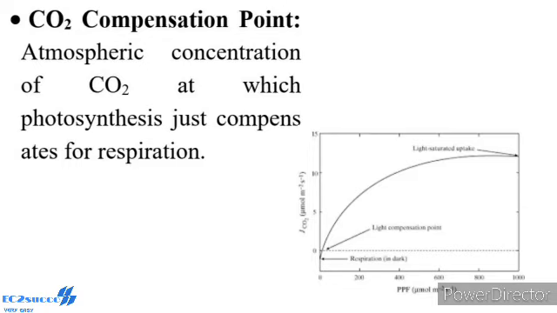However, at a certain low concentration of carbon dioxide and non-limiting intensity of light, the rate of photosynthesis of a given plant will be equal to the total amount of respiration, that is, true respiration plus photorespiration. The atmospheric concentration of carbon dioxide at which photosynthesis just compensates for respiration is called the carbon dioxide compensation point.